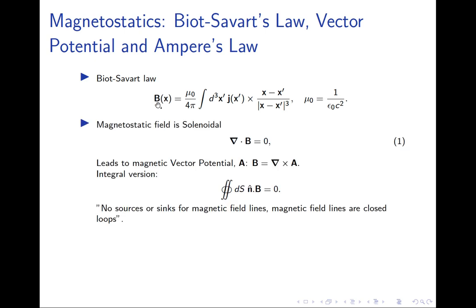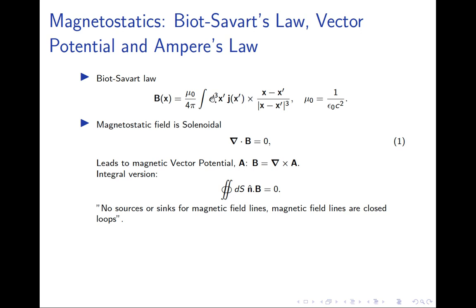Not only that, you can take curl of both sides, and when the curl hits this guy, it will give us 0. So what you will have here is divergence of both sides. If you take divergence of both sides, this divergence will get turned into the curl of this quantity, with respect to x.